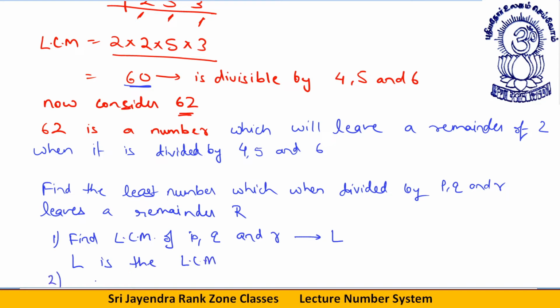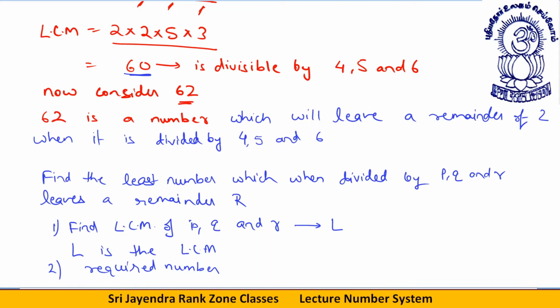Then second step, the required number. The smallest such number that is required will be L plus R.